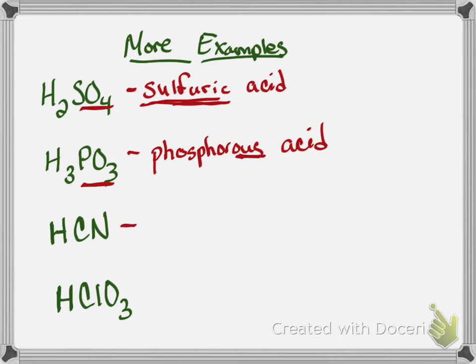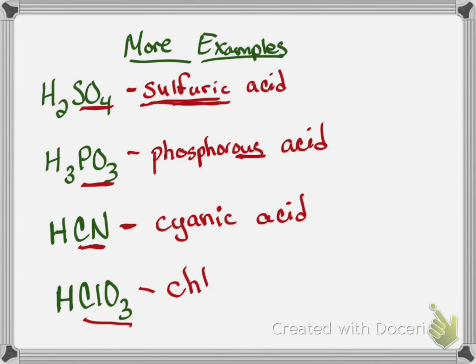Now, CN is cyanide. "Ide" becomes "ic," so it's cyanic acid. And then the last one on here, chlorate becomes "ic," so it's chloric acid.